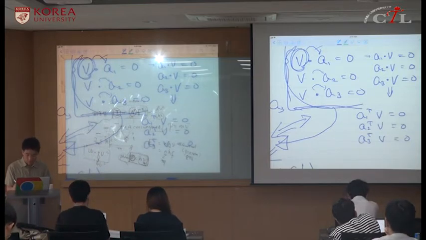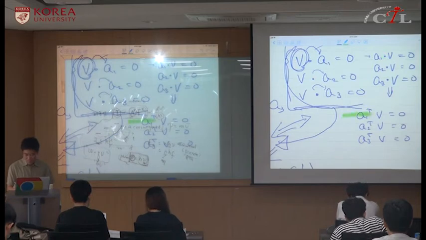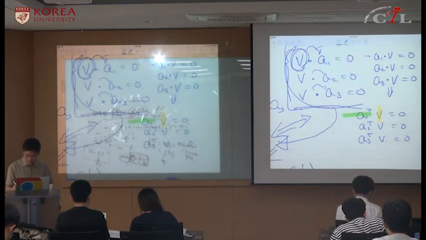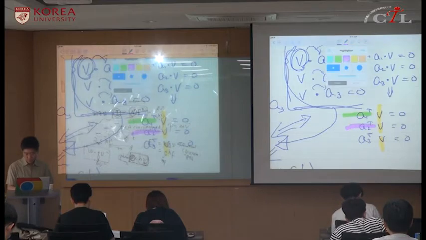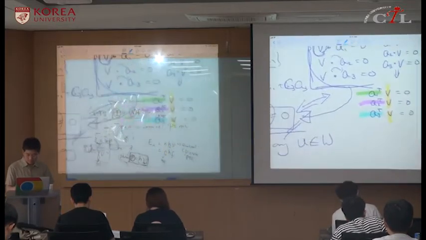So I changed this dot product into matrix multiplication. Here is A1 transpose, and then this vector V, and we have the same vector V on the right, and then we have these three row vectors.